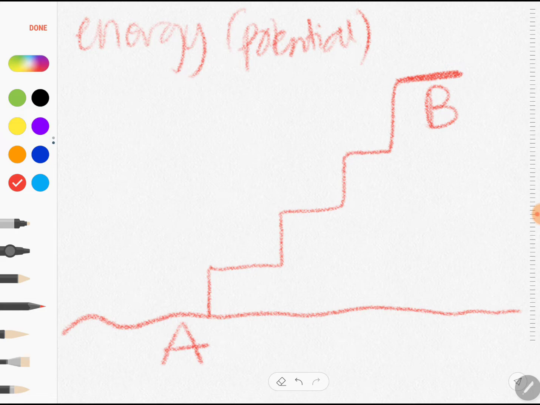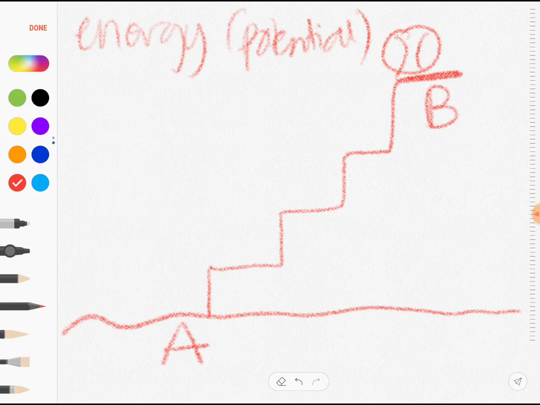For example, we have a ball here. At what position is the GPE, or gravitational potential energy of the ball, greater? Position A or position B?